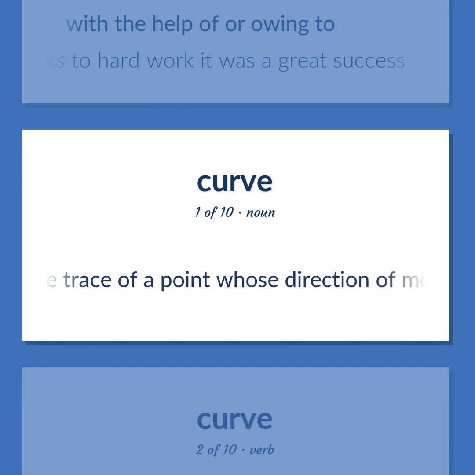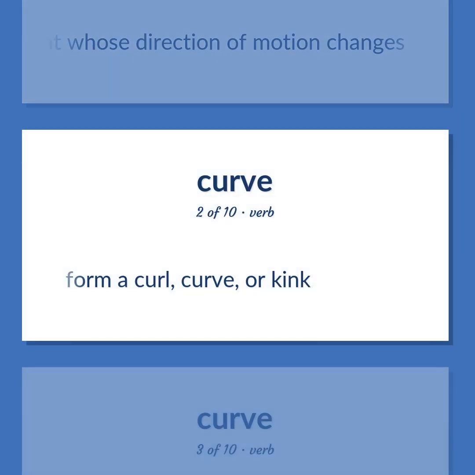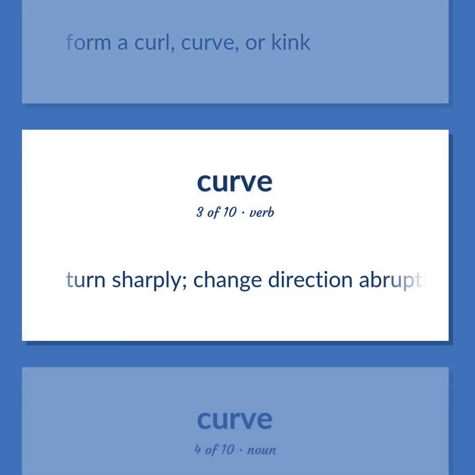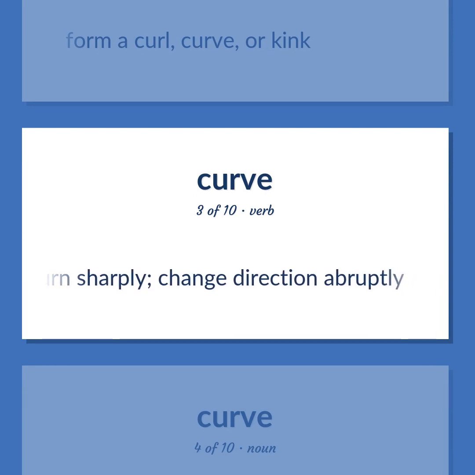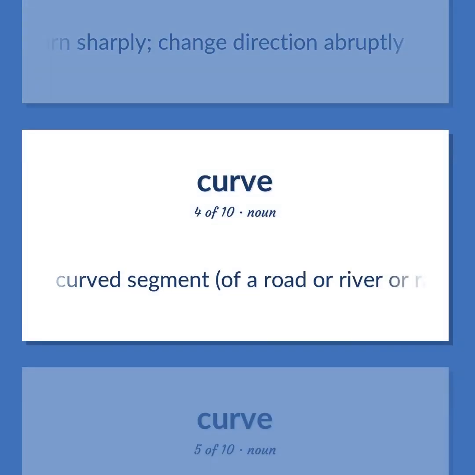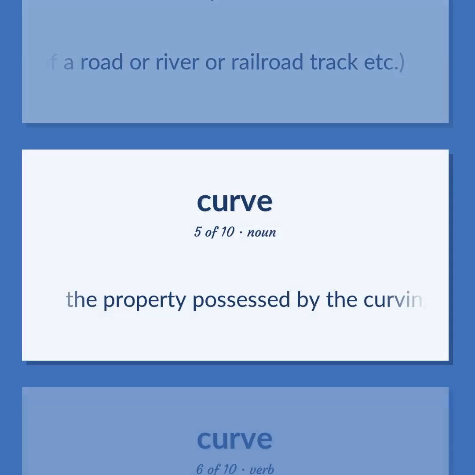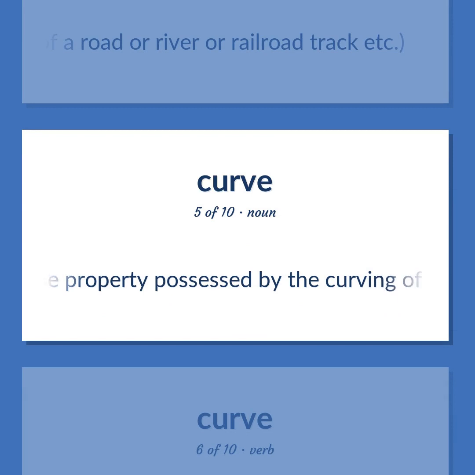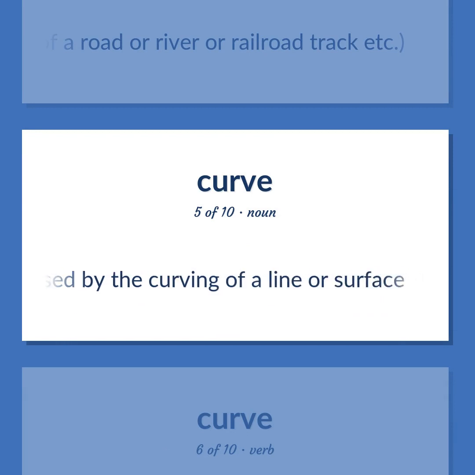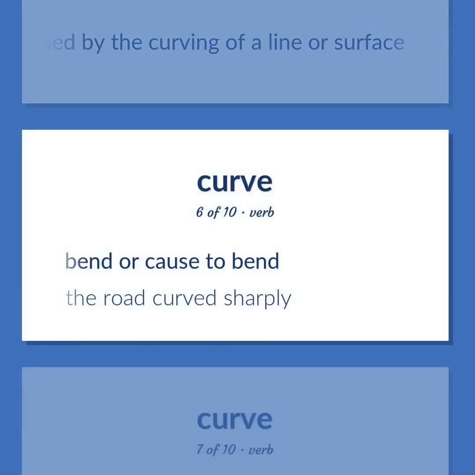The trace of a point whose direction of motion changes. Form a curl, curve, or kink. Turn sharply. Change direction abruptly. Curved segment, of a road or river or railroad track, etc. The property possessed by the curving of a line or surface. Bend or cause to bend.